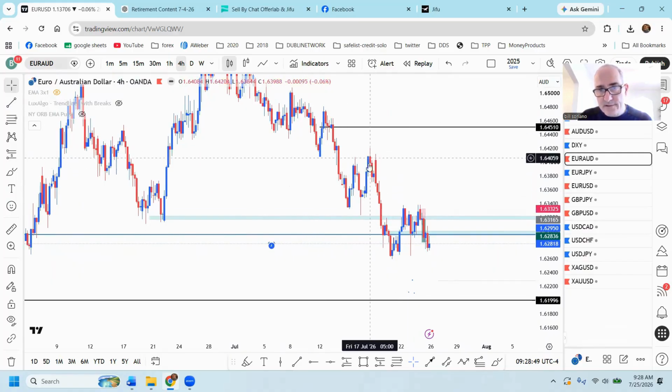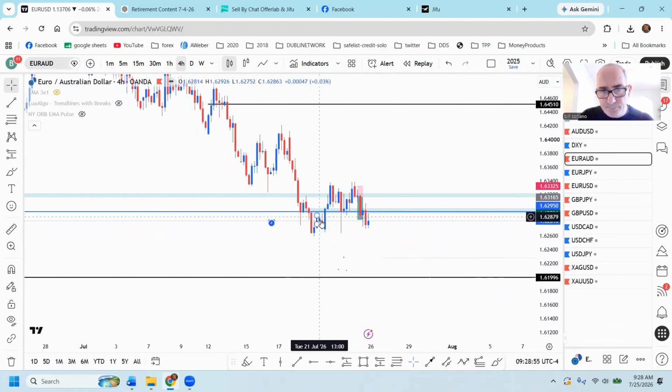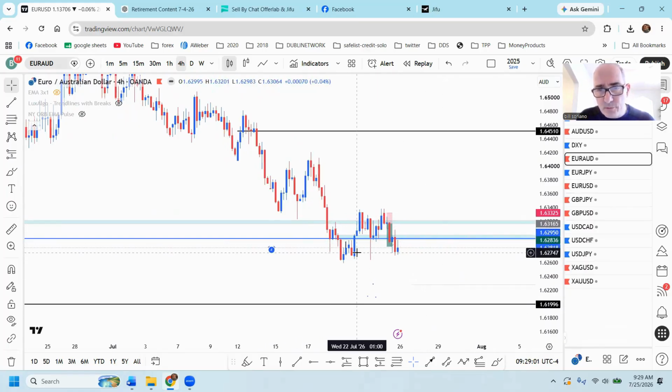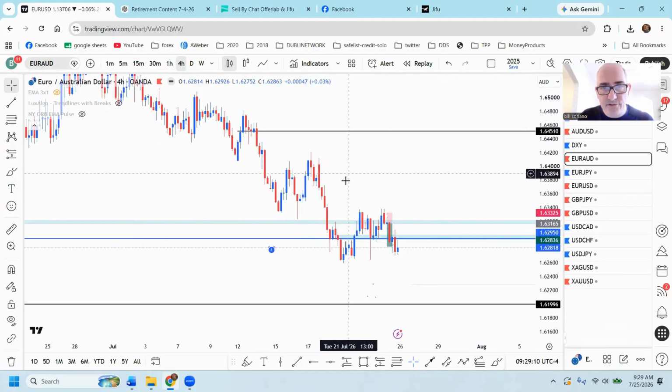We get another one. And so essentially we have a downtrend, and it's pretty easy to see in this pair. Now, what we're looking for in this downtrend here, we are bearish on EUR-AUD, which you see from the trade I showed you that I took on Thursday.